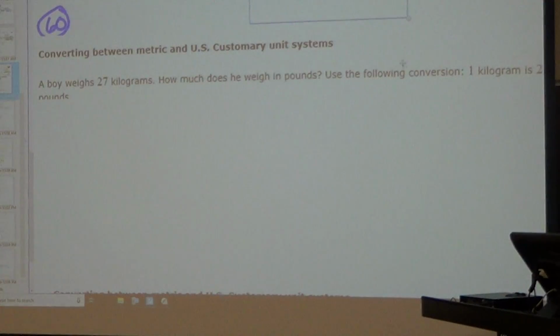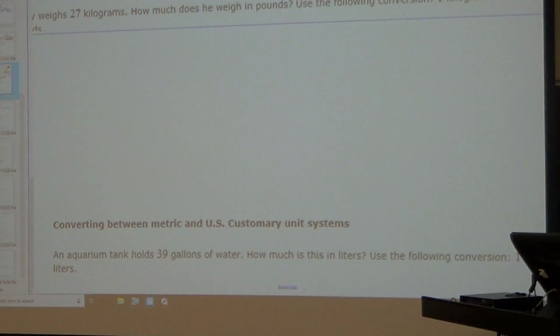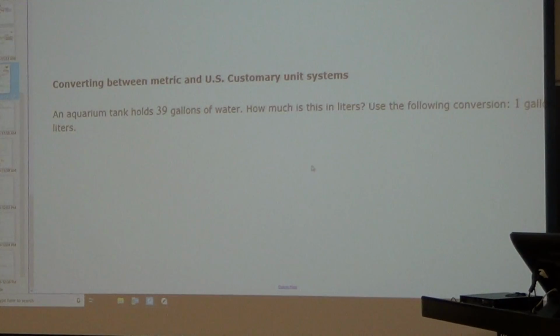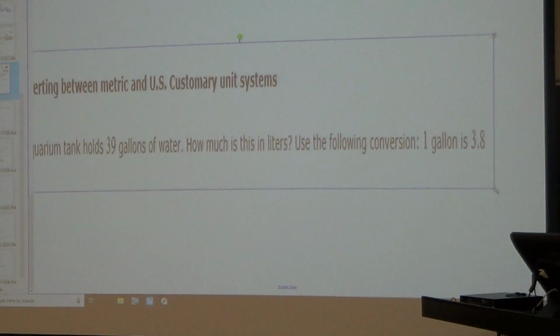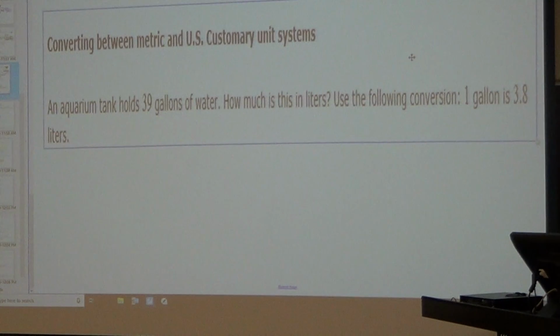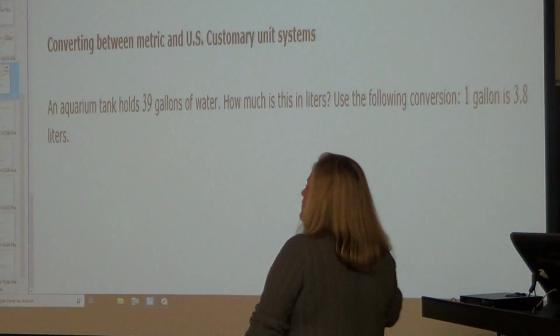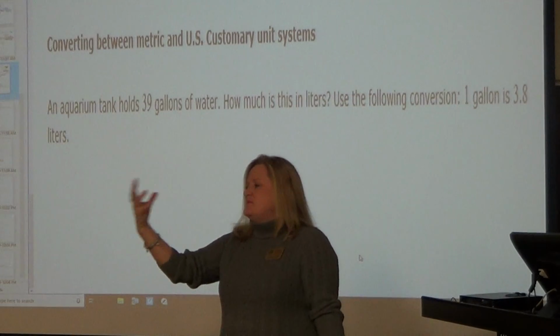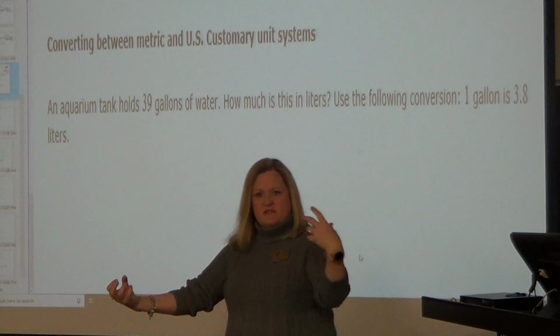All right. A boy weighs 27, we've already done one like that. Let's do this one. An aquarium tank holds 39 gallons of water. How much is this in liters? Is this a King Henry or is this a something? In order to be a King Henry, it has to go from some kind of liter to some kind of liter, some kind of meter to some kind of meter, some kind of gram to some kind of gram.